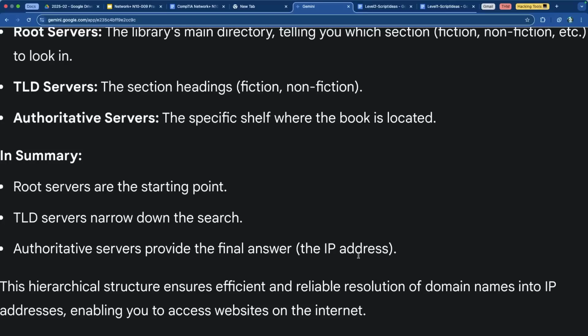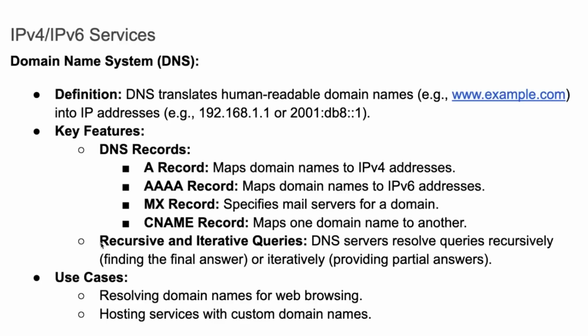So now that we understand this, now we can make more sense of this recursive and iterative queries that are available under the domain name system, meaning that the servers resolve queries either recursively, finding the actual final answer for you, or iteratively providing partial answers. And really, for the most part, the modern DNS systems actually combine these things together.